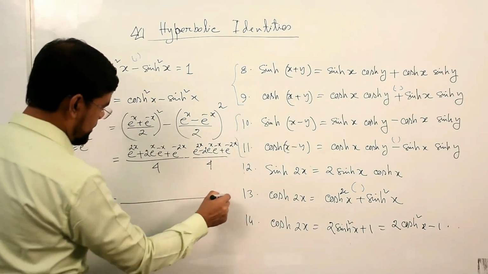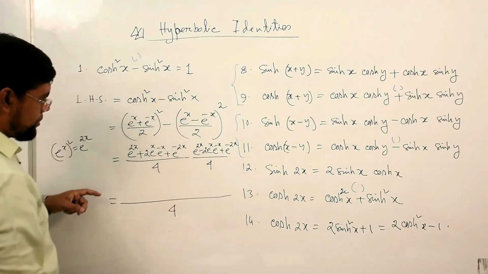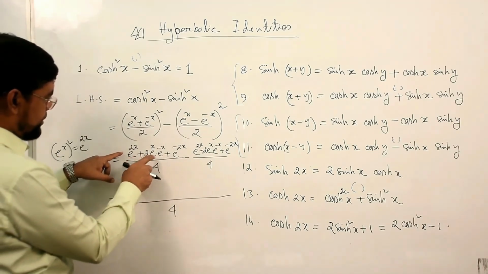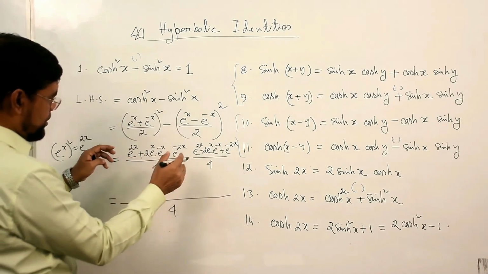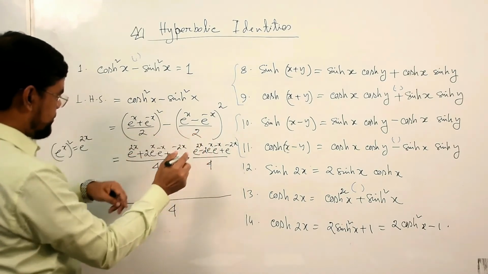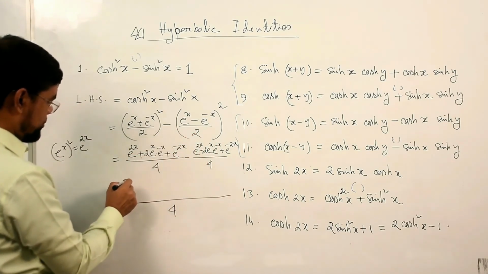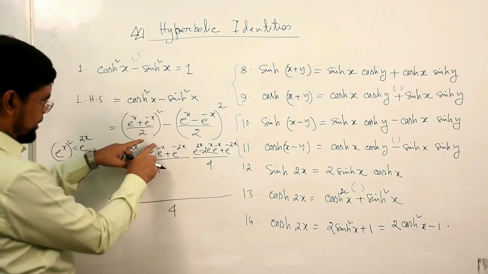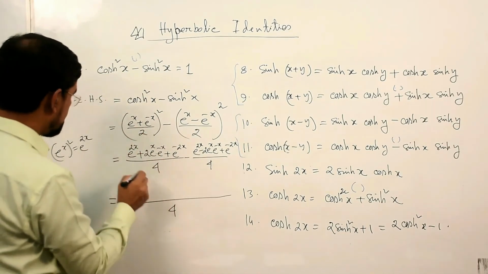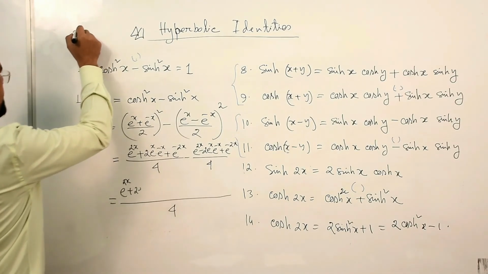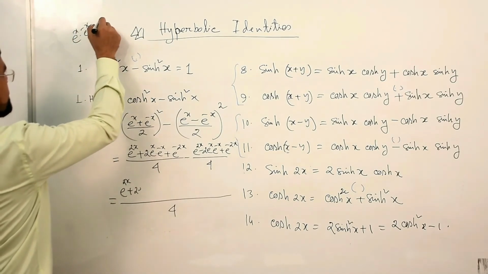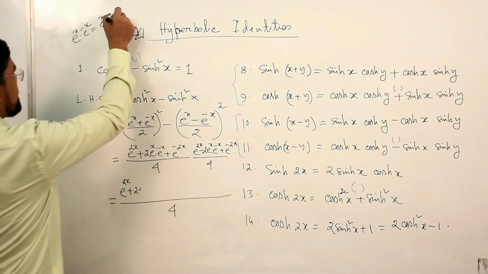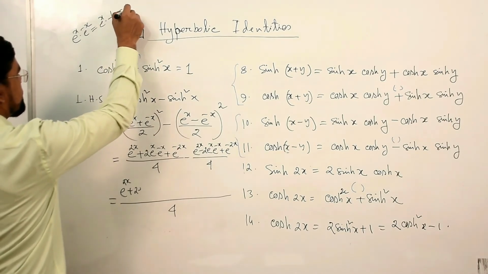The LCM will be 4, and if you subtract this one from this one, you see e to the power 2x plus 2 e to the power x e to the power minus x, you can cancel, like e to the power x times e to the power minus x equals e to the power x times 1 by e to the power x, which equals 1.